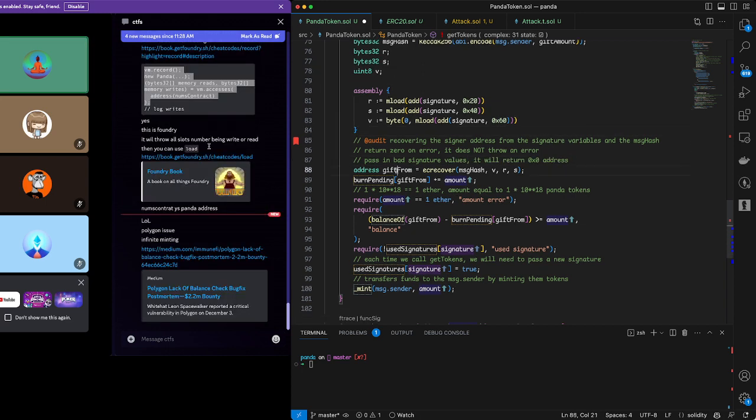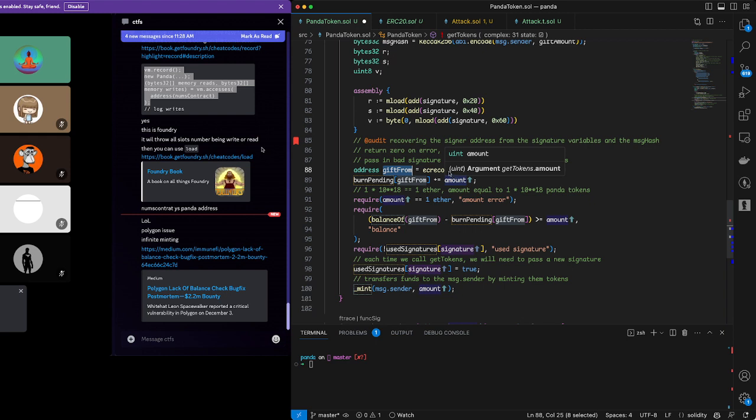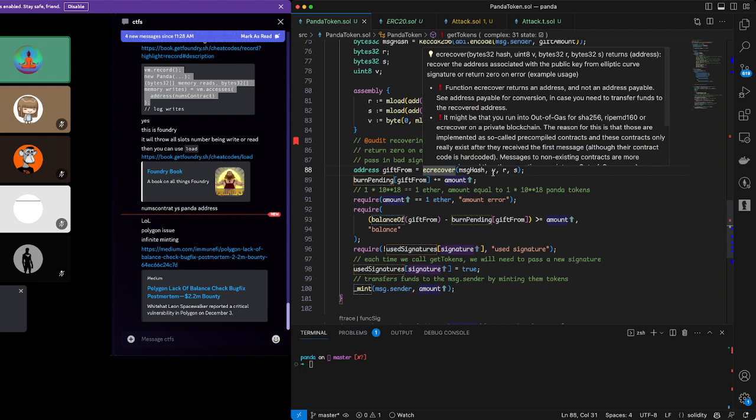And then all of a sudden, gift from is the 0 address, which we know has been funded with 10 PND tokens. And so that is a critical aspect of the CTF here, and is likely the crux of how the CTF was written. They wanted to see if people knew about this issue with the ecrecover.